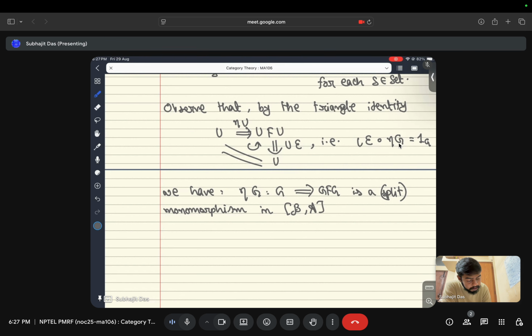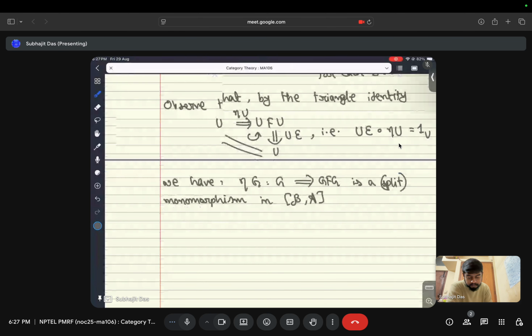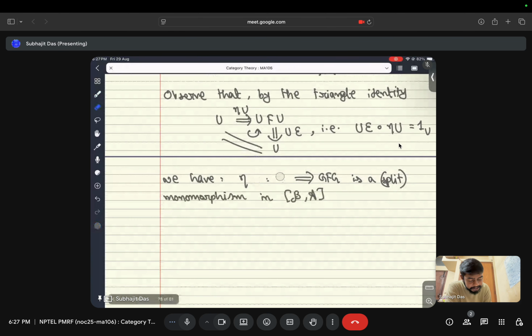So U epsilon composed with eta U is 1U. So we have this, that eta U from U to UFU is a split monomorphism in the functor category.